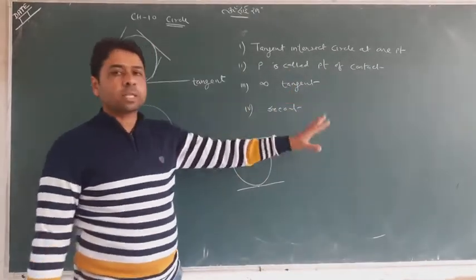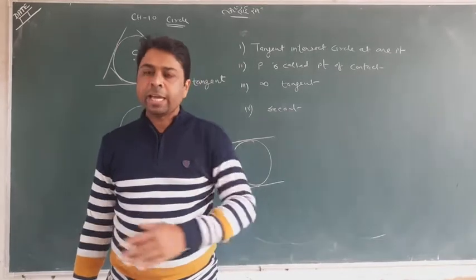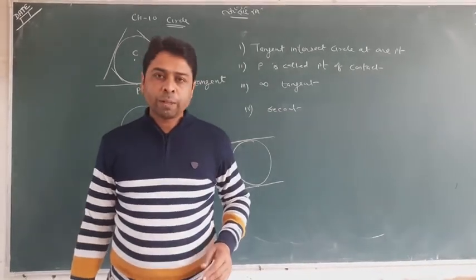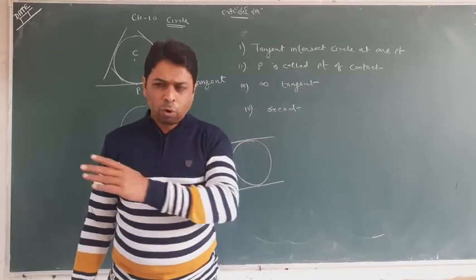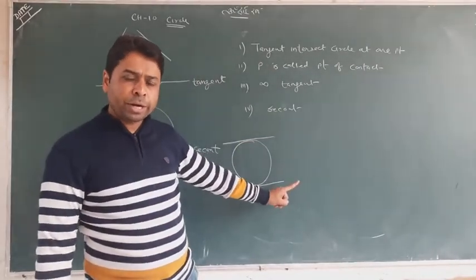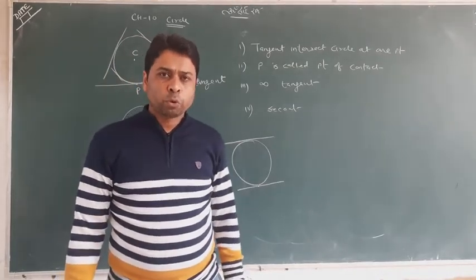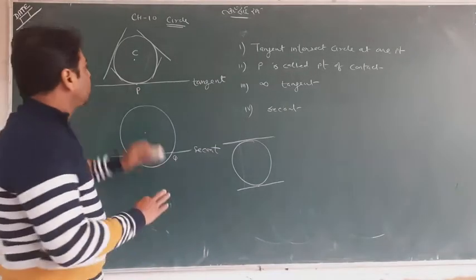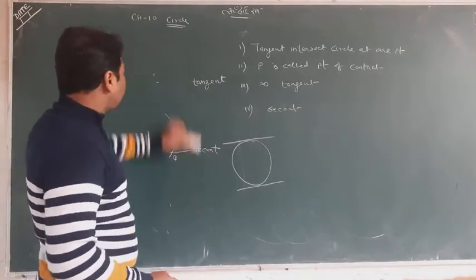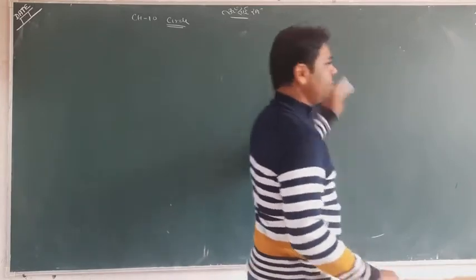So these points are actually the questions lying in exercise 10.1. But I am not going through each question in particular, because the main points I have explained here. Out of that we don't have any more questions. Okay, so this is all the small things about the circle and the language.